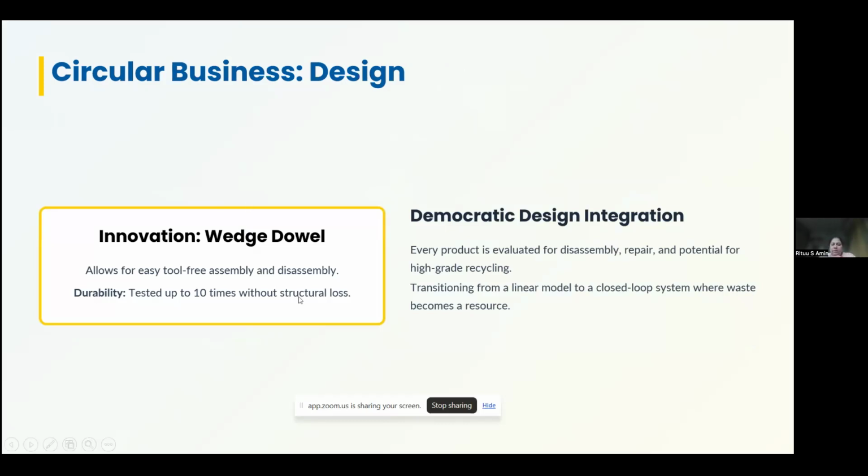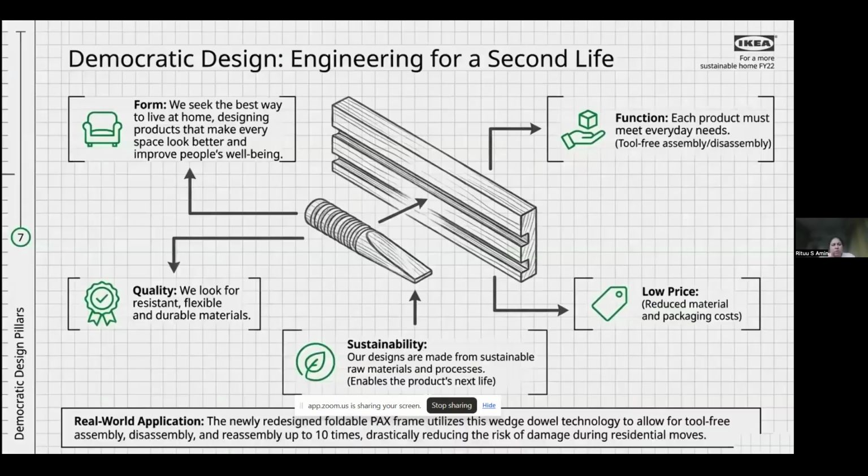Circular business design. So they design it in such a way that it allows easy assembly and disassembly, and democratic design integration. Every product is evaluated for disassembly, repair, and potential for high-grade recycling, transitioning from a linear model to a closed-loop system where waste becomes a resource.